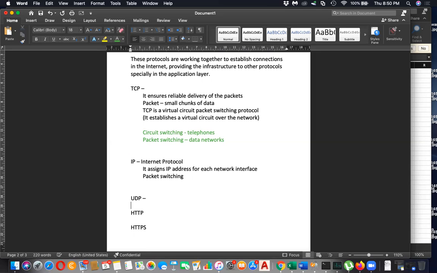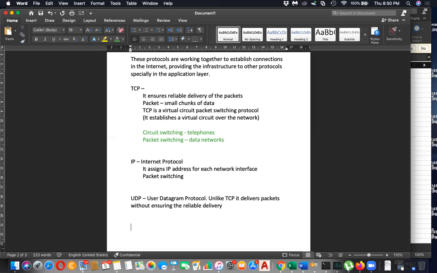UDP is called User Datagram Protocol. Unlike TCP, it delivers packets without ensuring reliable delivery.